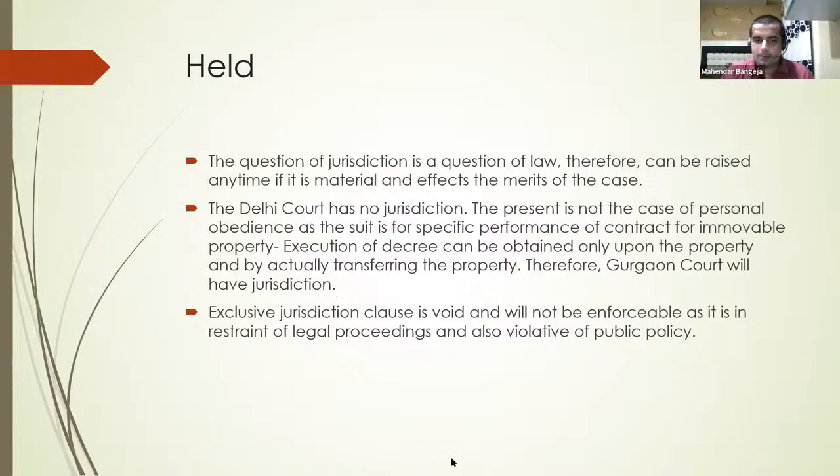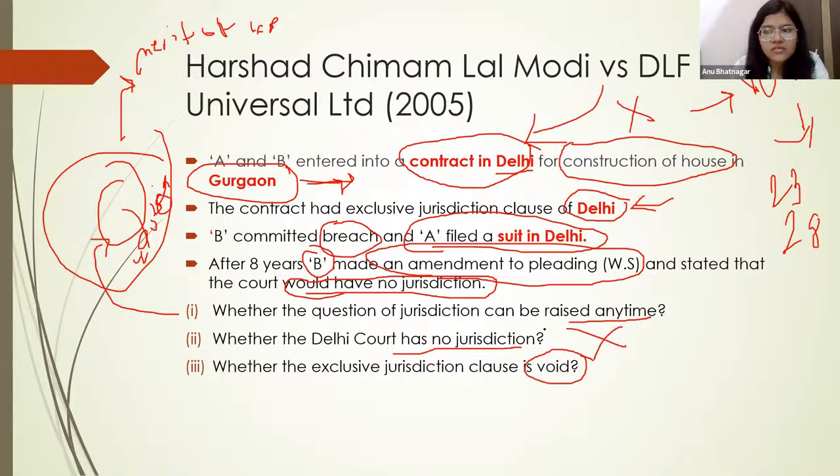Clear? Regarding the first thing, I believe many of the attendees would have a doubt that we can raise the jurisdiction objection at any time. But we have all heard that at the first instance we have to raise the jurisdiction, right? No, they are correct. Absolutely correct.